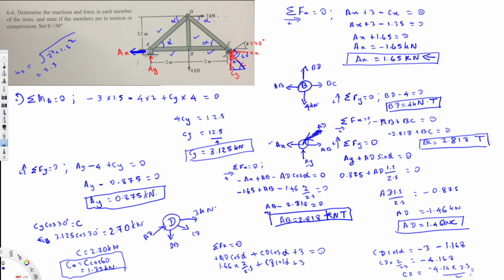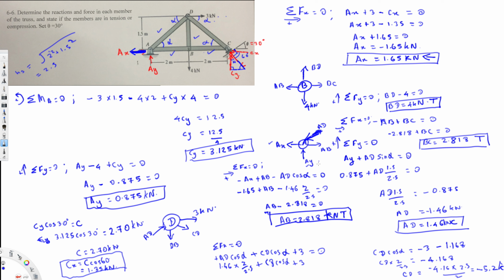So if we calculate this one, 4.168 multiplied by 2.5 and divided by 2 is equal to 5.2, and the answer is negative. Therefore we know this is going to be opposite direction.